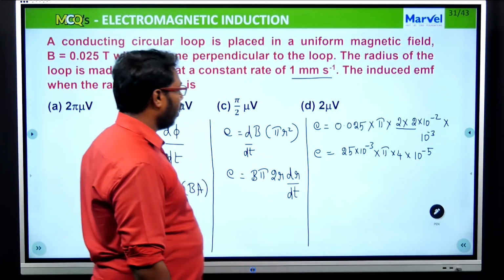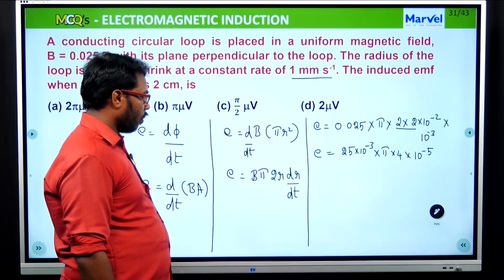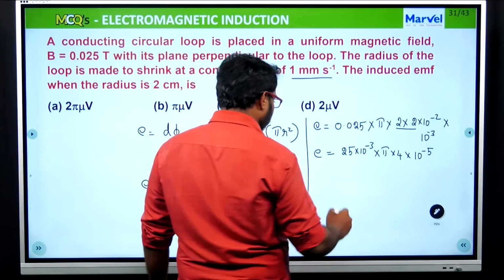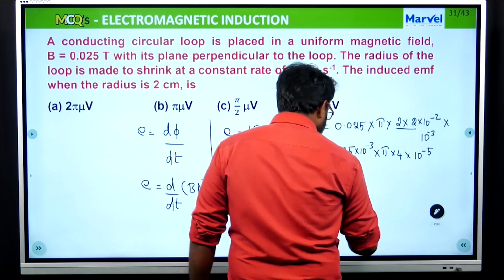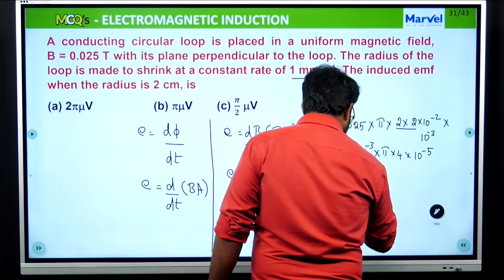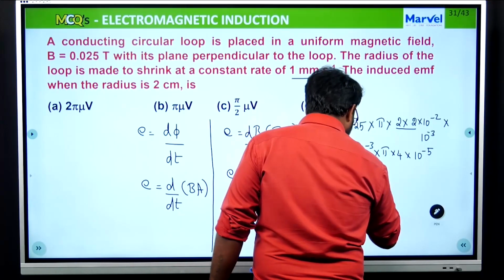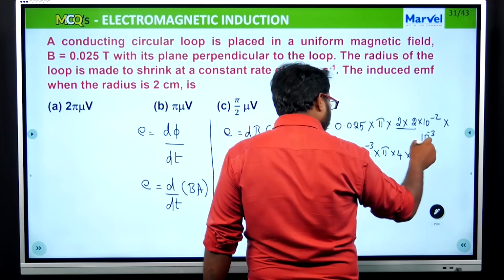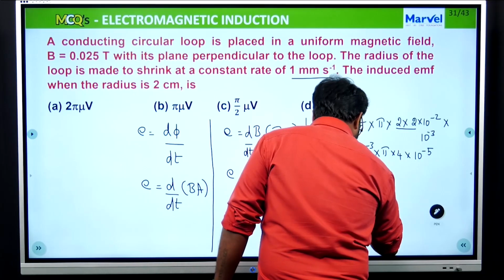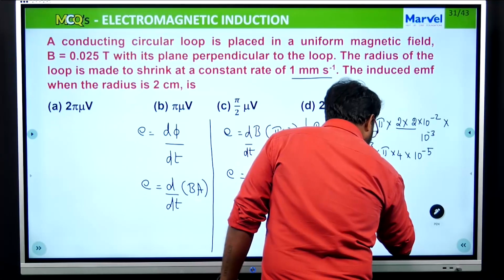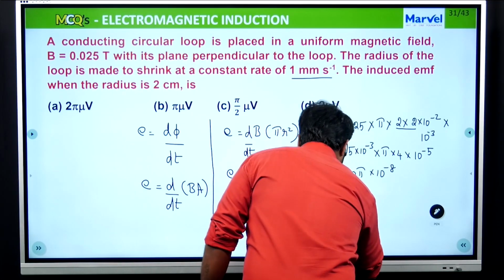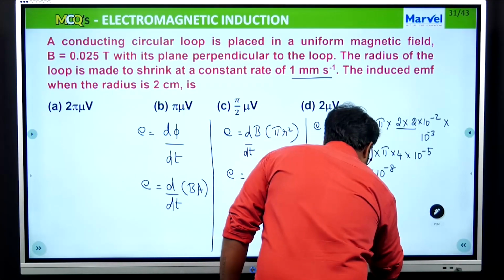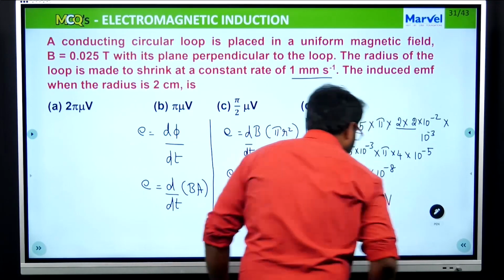This is how I will rewrite everything. Clear? Now 25 into 4 is 100. So 100 pi into 10 power minus 8, which is nothing but pi into 10 power minus 6 volt.